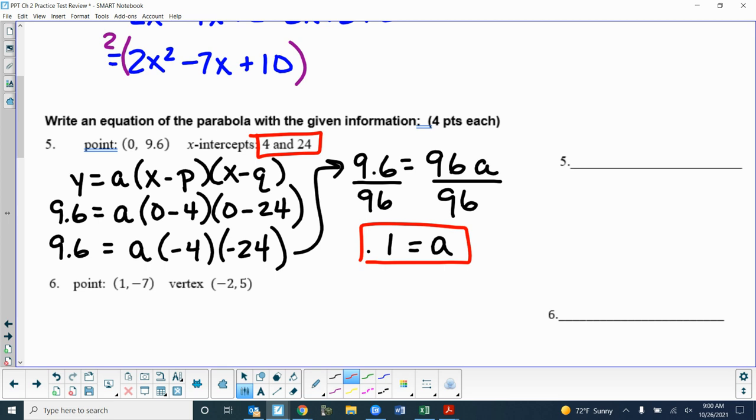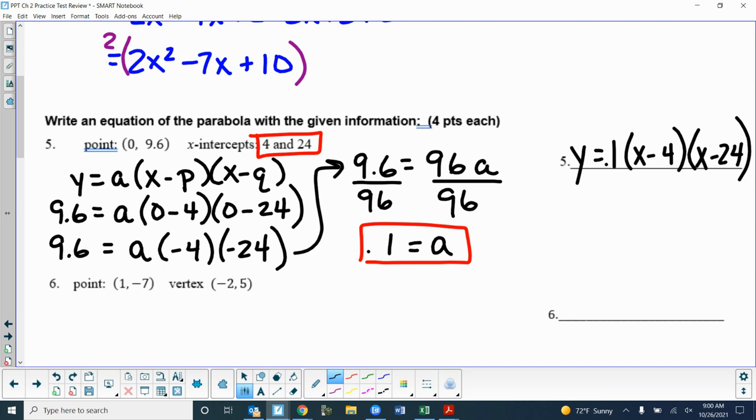So y equals a, which is 0.1, times a quantity x minus 4. Oops, I need a minus sign. And then x minus 24 for my q.